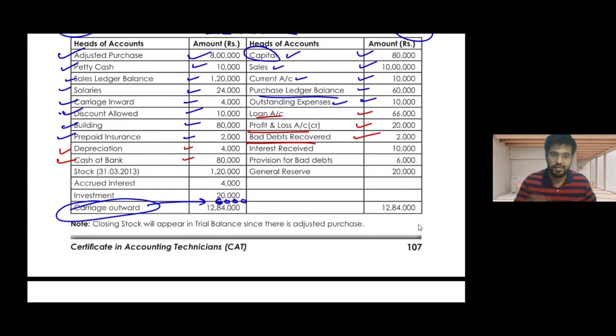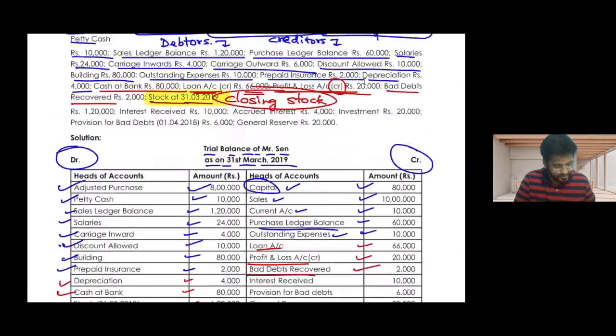There is a reason behind it. But just for now, they have mentioned it on the debit side because it is an asset. I will give you the reasons, but for now, just understand the closing stock is not a part of your trial balance because it will be calculated later on, because it has two different effects. But for now, we have mentioned it on the debit side.